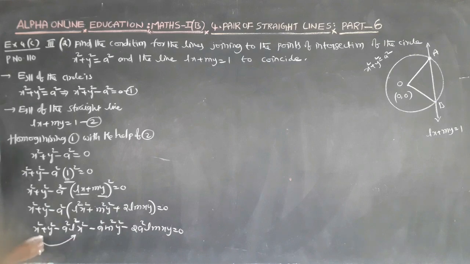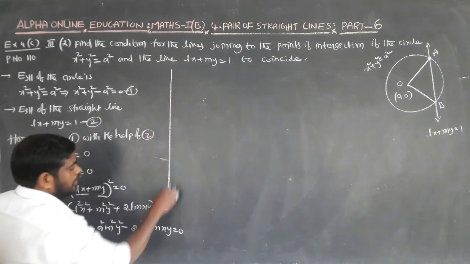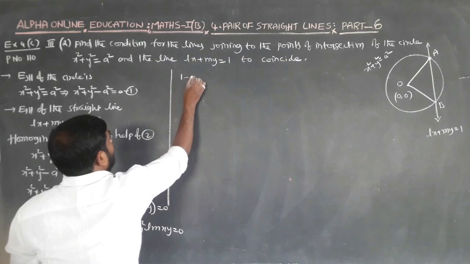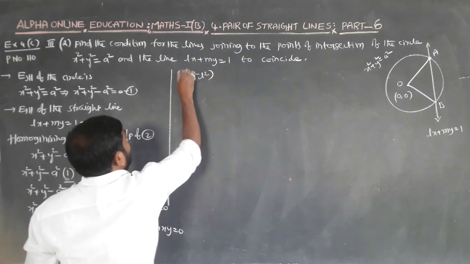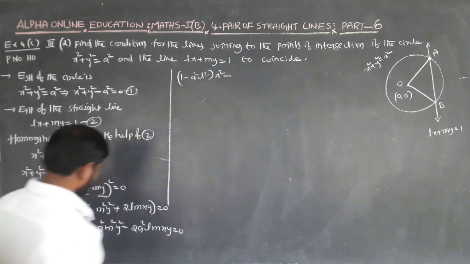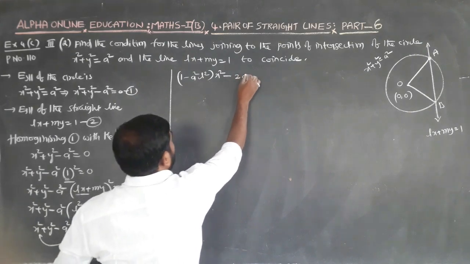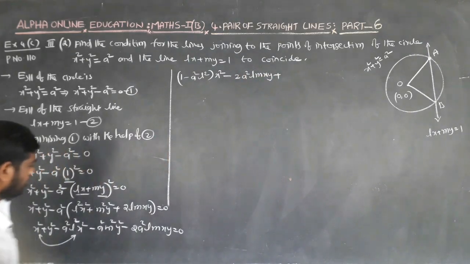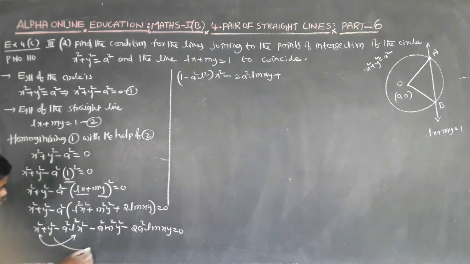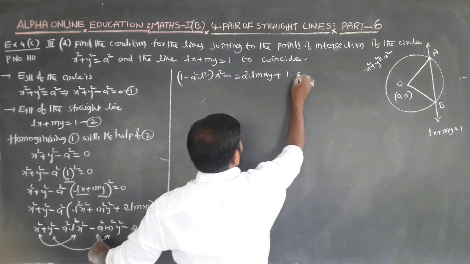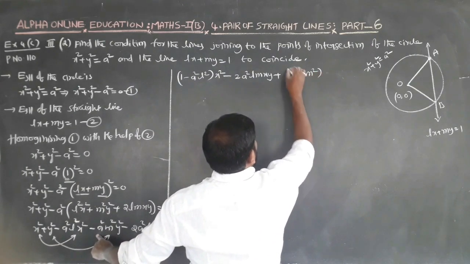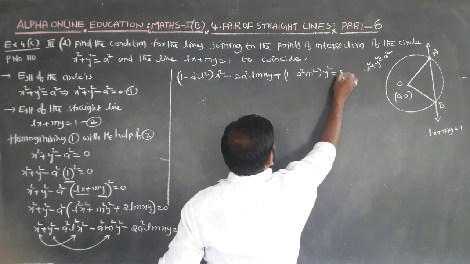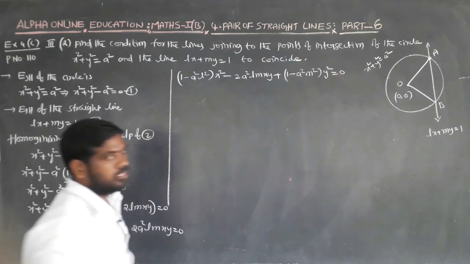Common in two terms, x square common: 1 minus a square l square into x square minus 2a square lm xy plus, common in these two terms, y square common: 1 minus a square m square into y square is equal to 0.